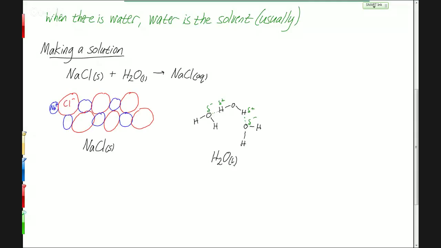So you have these two pure substances, assuming they're pure, with their own interactions. And then when they get together, we have what we call a solution. What's going to happen here is the sodium and chloride ions are going to split apart from each other and instead be surrounded by water molecules.